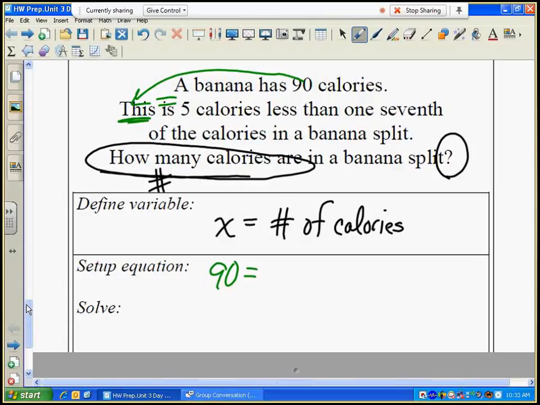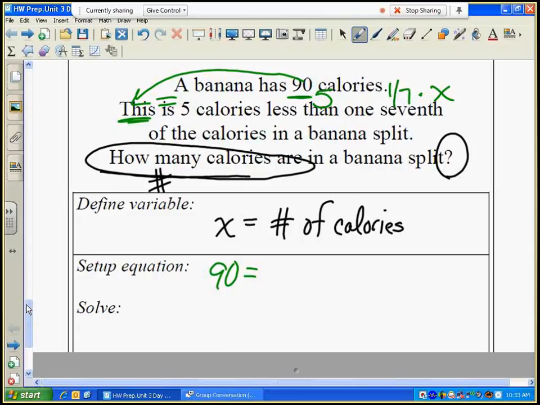So less than is talking about subtraction. But remember, we're going to think about that. We're not going to say 5 minus something. We're going to say 5 less than. We're going to take away 5 from something. Let's just figure out what that something is. It says 1/7 of the calories. Okay, so 1/7, we're talking about calories. I just called it x. So 1/7 of x. 1/7 times x.